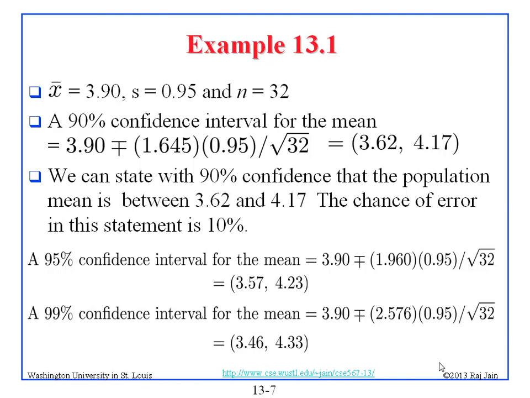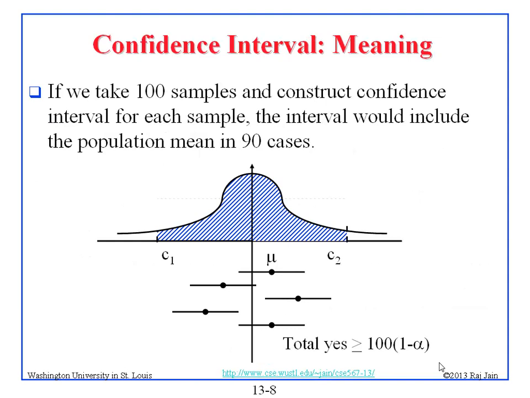So do you feel comfortable that you can get the confidence interval? Everybody? Okay. So the meaning is that whatever interval I specify, I would be right 90% of the time and wrong 10% of the time.